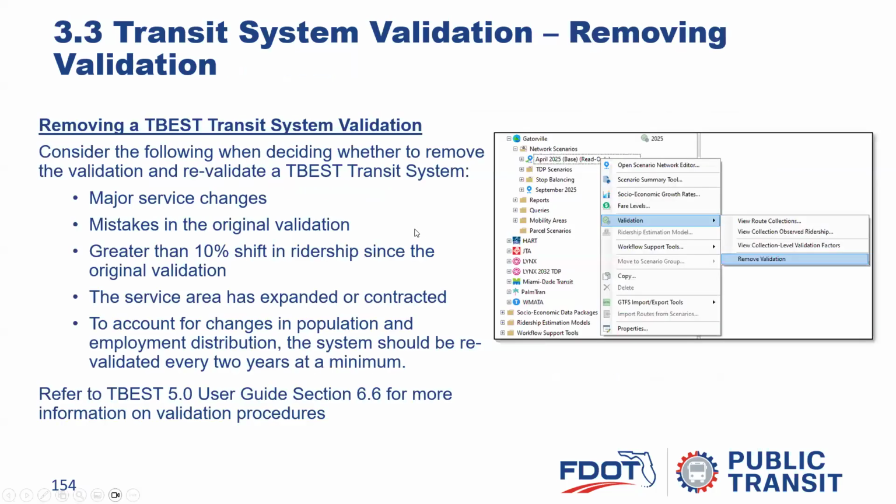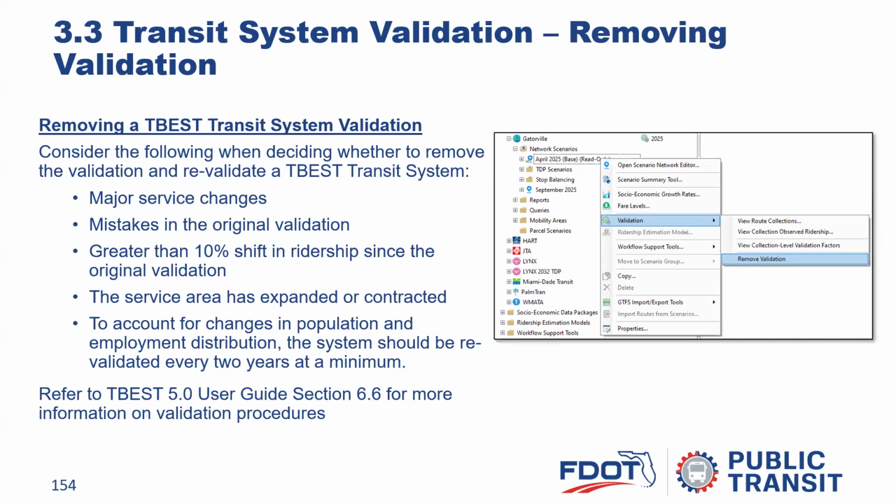Okay, so finally, as you are going along, you may get to a point where, after you've validated the transit system for a while, maybe 2 years, maybe a year, you see there's new SE data, or there are major service changes in the network that we want to revalidate to. Maybe we made a mistake and we need to go back and revalidate.